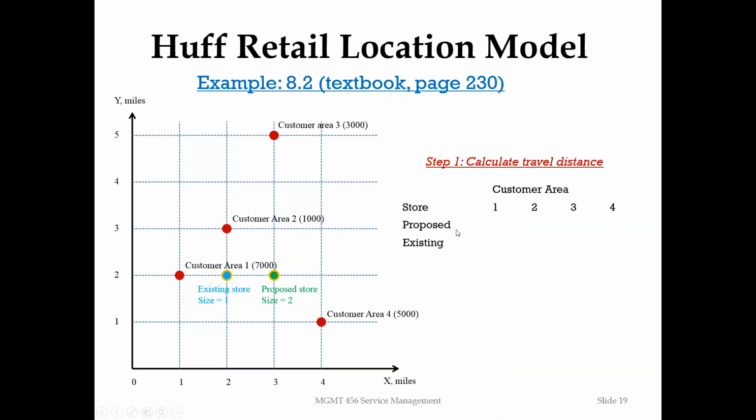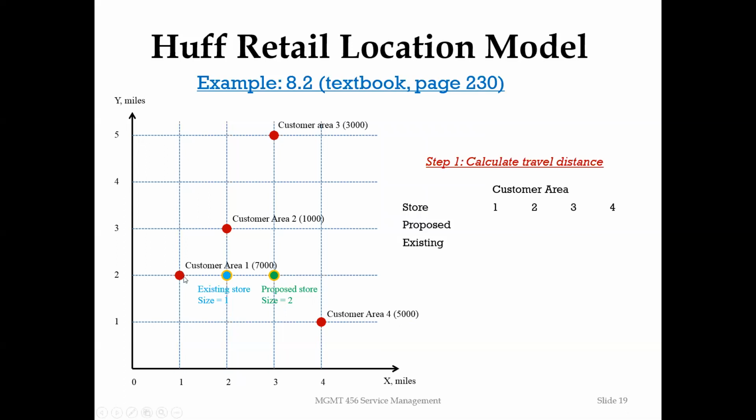So look at the map. First, what is the travel distance from customer area 1 to the proposed store? For those who live in customer area 1, how long does it take to travel to the proposed store? This is customer area 1, and this is the proposed store. We measure by Manhattan distance.